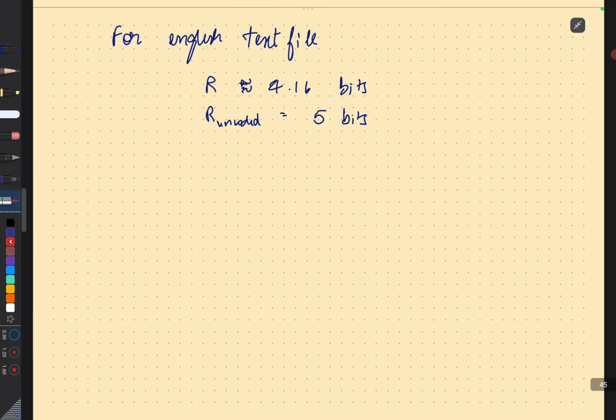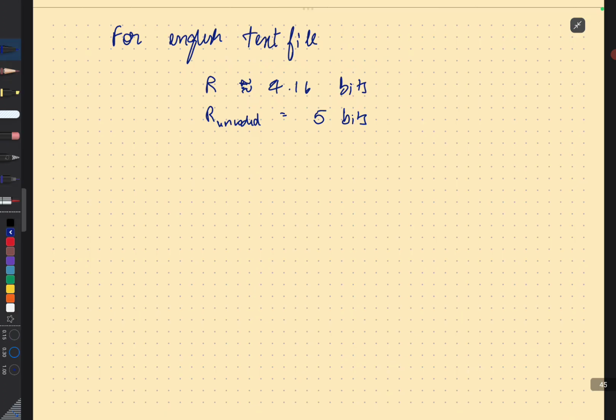But what we can also do is try to compute the total entropy that is there in the file. R uncoded, or R uncompressed. The above is the compressed file. That's the compressed rate that we got by symbol-wise Huffman coding. And this was found to be close to the entropy.